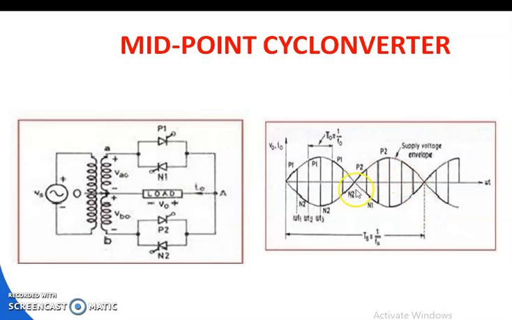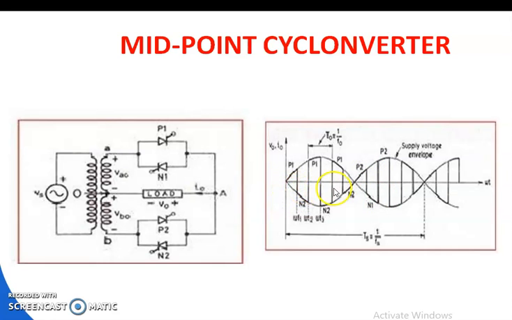This process repeats. Due to the conduction periods of P2 and N1, you achieve that particular frequency. At this instant you also get another instantaneous frequency, that is for P2, and similarly for N1. So it continues by triggering and commutating P2 and N1, one after another.